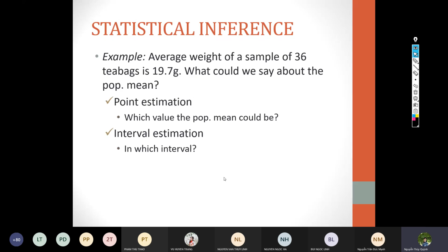We create a range around the point estimation, and that range is wide enough so that we believe the actual value of the population mean will be within that range. So the interval estimation will give us the answer in which interval the actual value of the population mean will fall. All right, that is interval estimation.